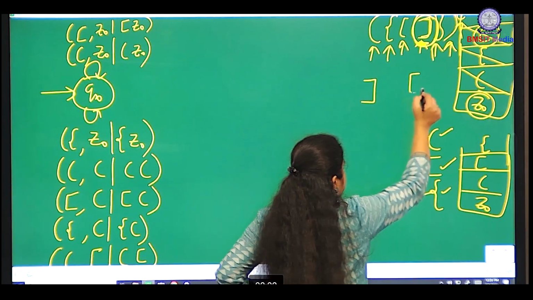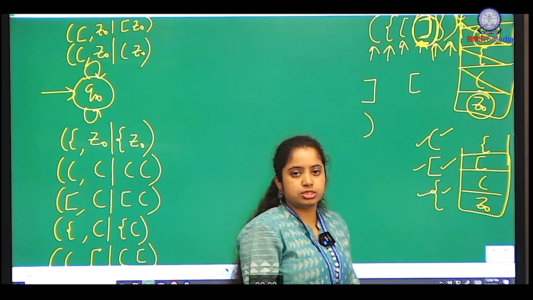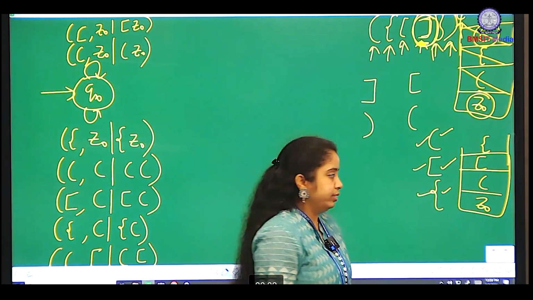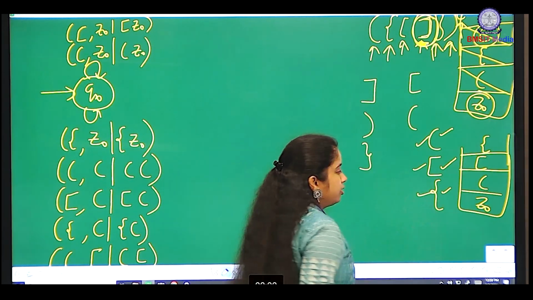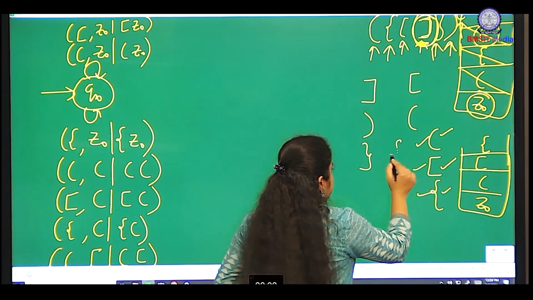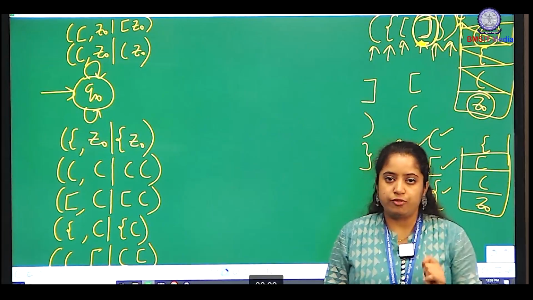The top of the stack should have the matching open. If it is a closed simple parenthesis, your top of stack should have open simple. If your input symbol is closed curly, then your top of stack should be open curly parenthesis. This you have to keep in mind.